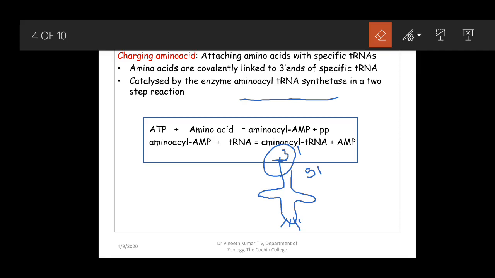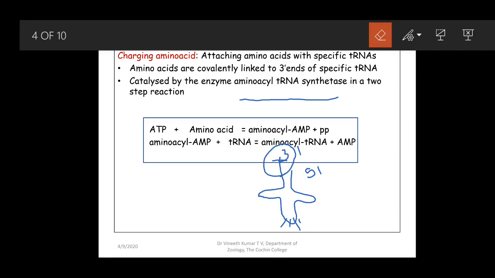ATP and amino acid join to form amino acyl AMP, and pyrophosphate, PPi, is released. The amino acyl AMP again reacts with the tRNA, and it is a specific reaction where only the amino acid corresponding to the anticodon of the tRNA will be added to this particular tRNA, and it forms an amino acyl tRNA.